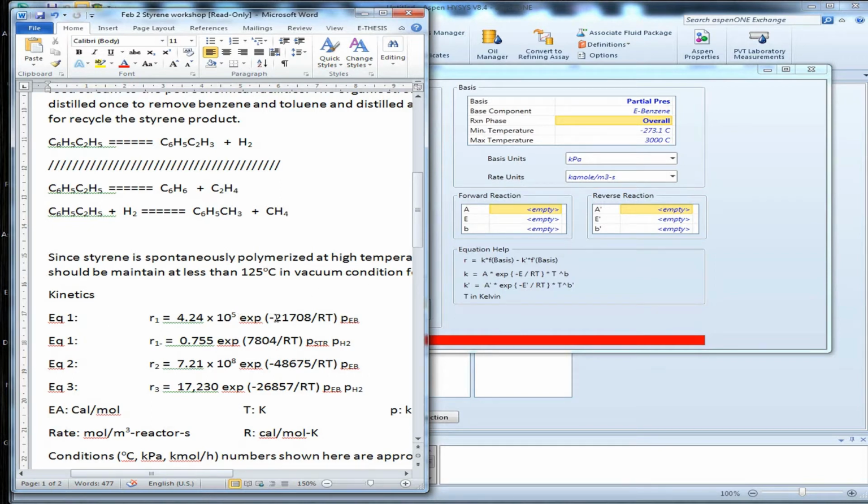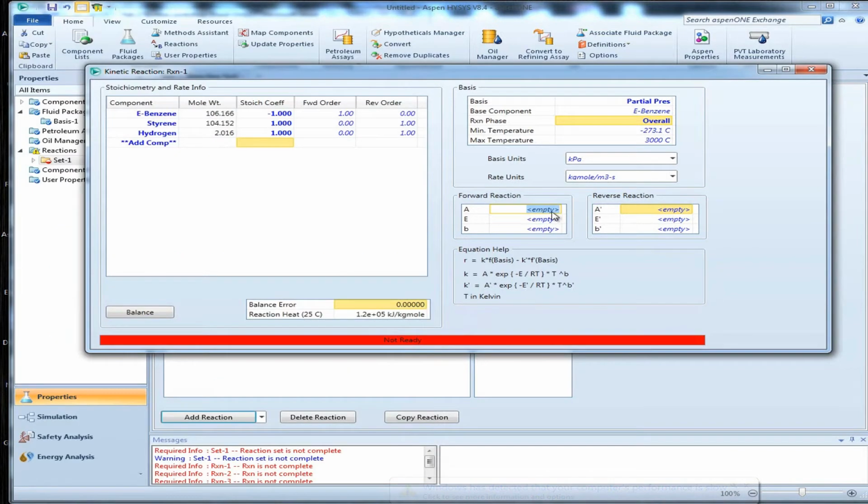But the activation energy E, what we're going to put is 21708, and this unit is in calorie per mole. So remember that we have to use the right unit here. So I input 4.42. Let's put this.